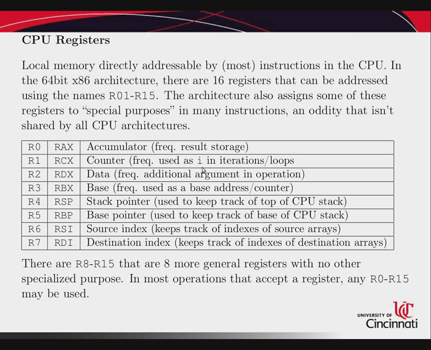So register 1, or the second register, is your counter. There are a number of instructions that will work more efficiently if the value being stored, say i in a for loop or i in a while loop, just to use a standard convention, i or j, if your iterating variable in a counter loop is stored in the RCX register.